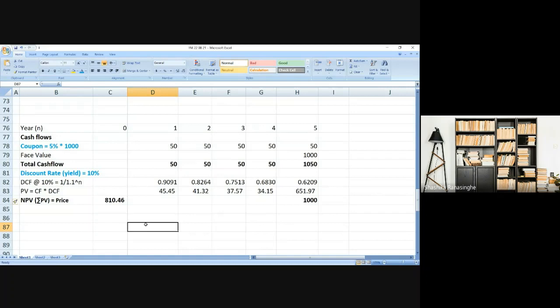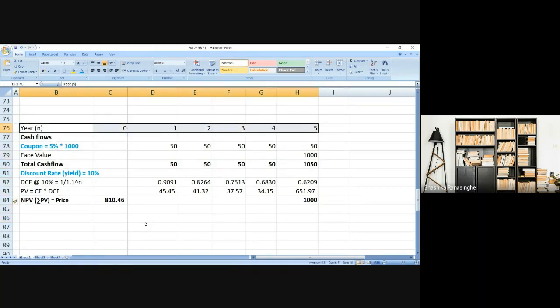What do you think will happen if you discount all of these cash flows? Or what do you think will happen if you find the IRR of these cash flows? What will be the IRR? Now, this is like you're buying this bond at what price? 810.